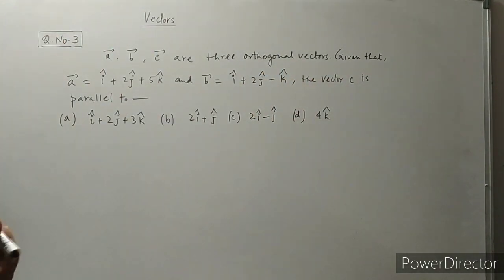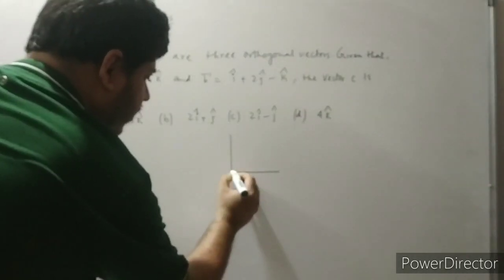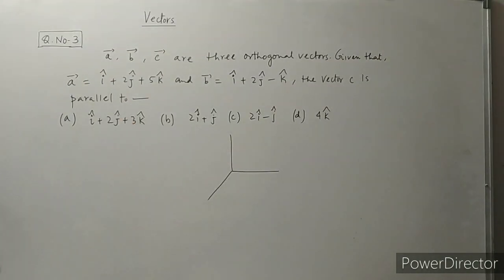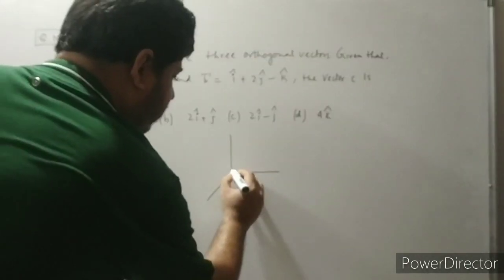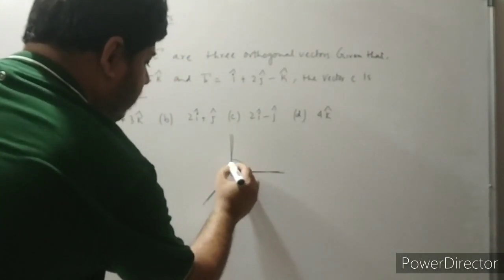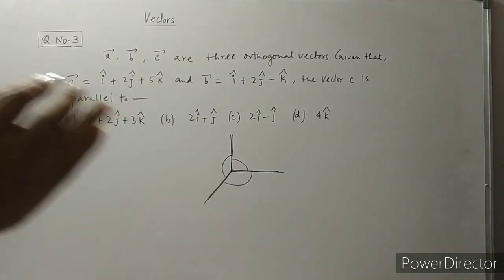In the case of orthogonal vectors, we know that orthogonal vectors are always mutually perpendicular to each other. That was the concept of orthogonal vectors.